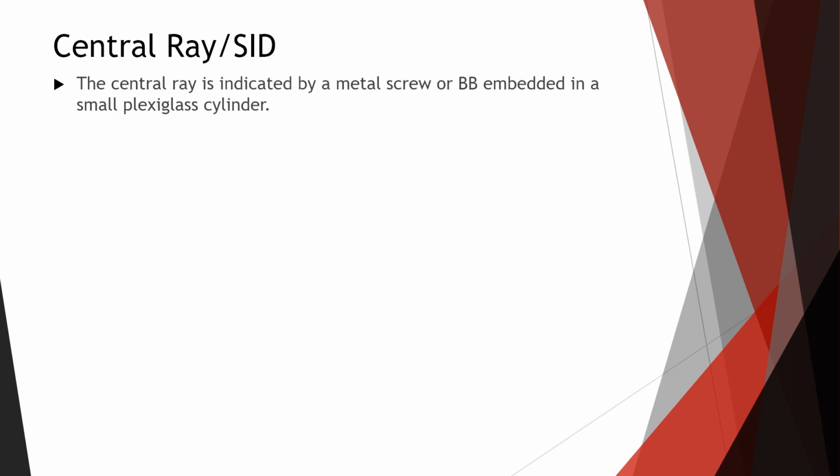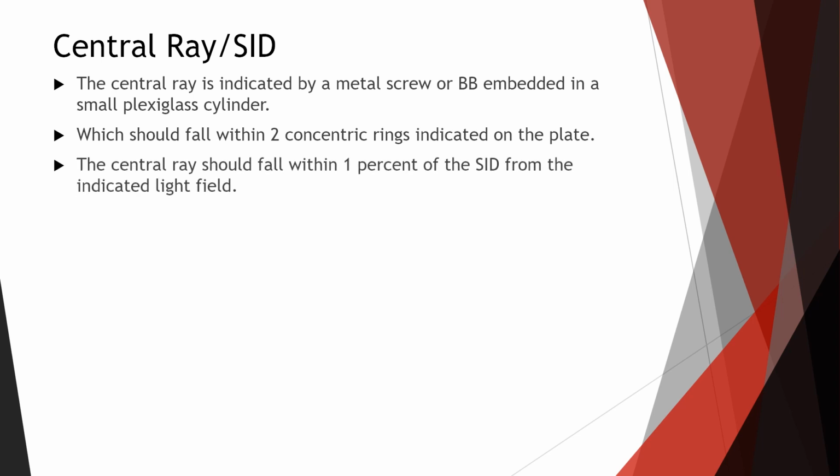It is indicated by a metal screw or BB embedded in a small plexiglass cylinder, which should fall within 2 concentric circles indicated on the plate. The central ray should fall within 1% of the SID from the indicated light field. Distance indicators may be checked by using a tape measure.